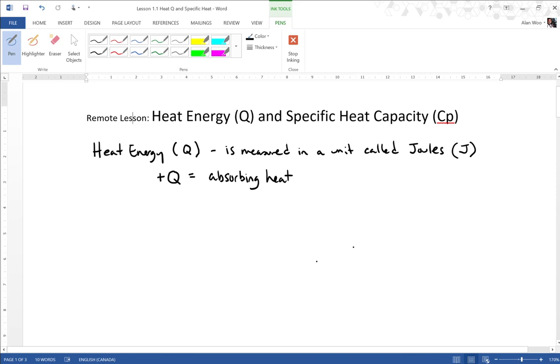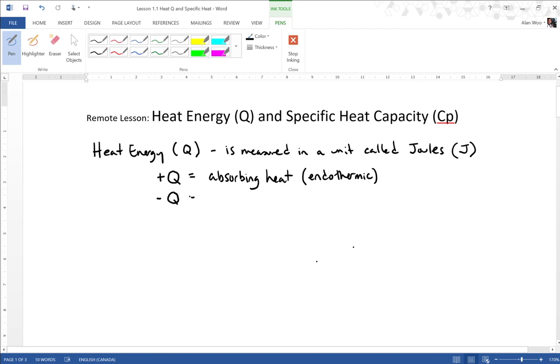Now, you guys have been taught a particular term called endothermic. So essentially, positive Q just means that something is endothermic. It's absorbing heat energy.